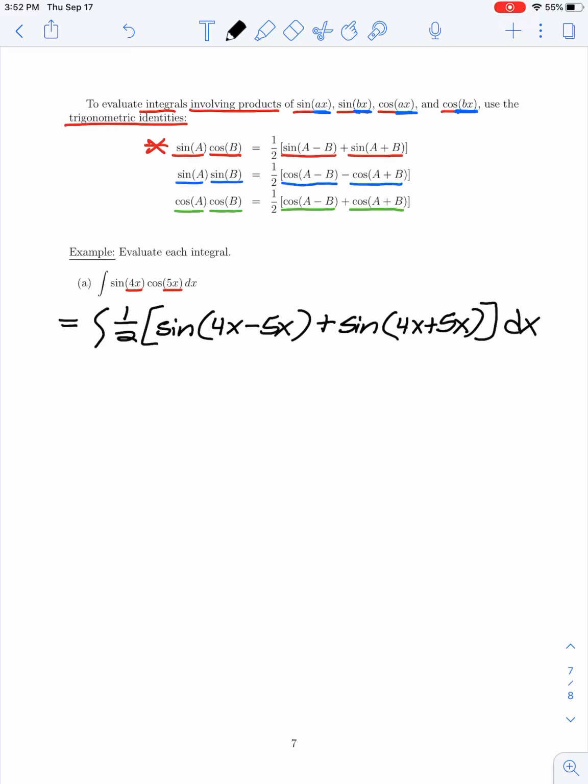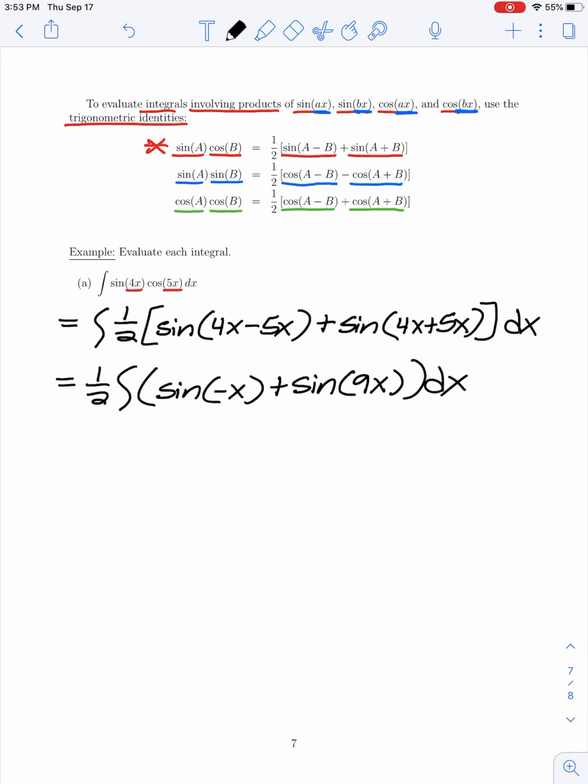By making use of that first trig identity, we could rewrite our integrand in this way. I'm going to pull the constant of 1/2 out in front of my integral, and I'm left with the integral of sine of negative x plus sine of 9x dx.